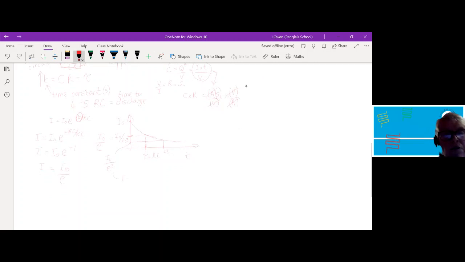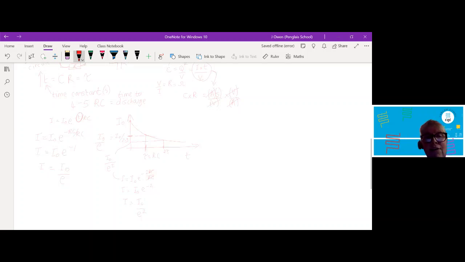So I equals I naught e to the minus 2RC over RC. That cancels with that, and then you'll get I equals I naught e to the minus 2. So I equals I naught over e squared. And so on until eventually you get to 3 or 4 or 5 time constants, and it's reduced exponentially down to very, very close to 0.